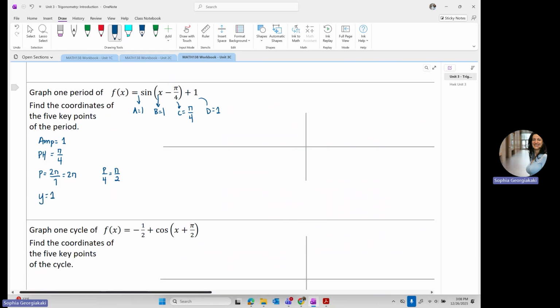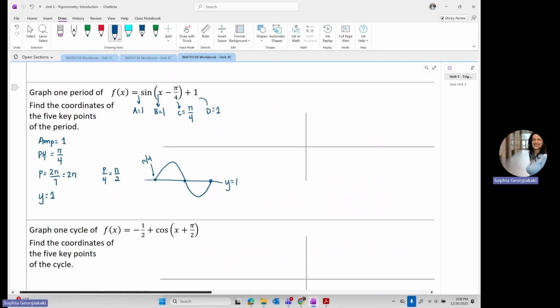This is a sine function. So this is my midline, y equal to 1. And this is the graph of the sine function. It starts at the phase shift of pi quarters. So the first point is pi quarters for x and y equal to 1.